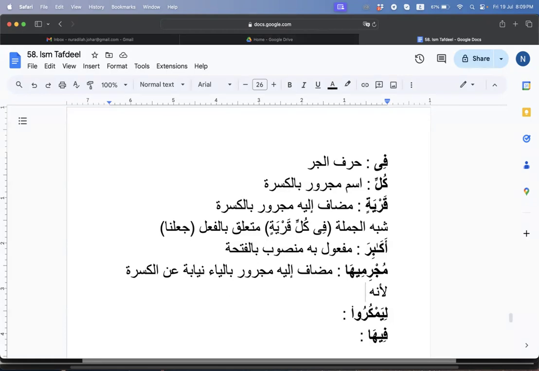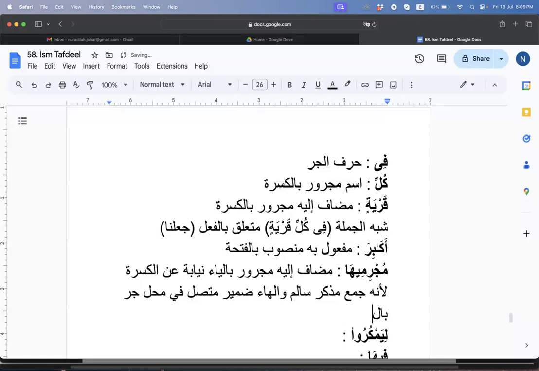Dual? Mujrimin, no, this is jam'. What kind of jam'? Jam' muzakkar salim. Good. And the ha? Ha is mudaf ilayh, dhamir muttasil fi mahali jar, bil idafa or mudaf ilayh. Good.